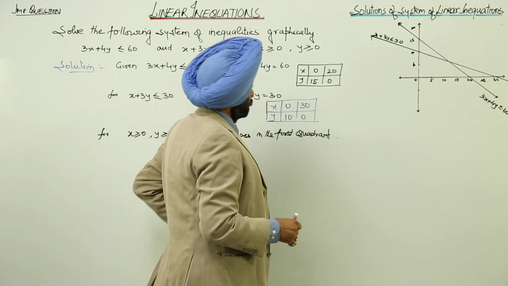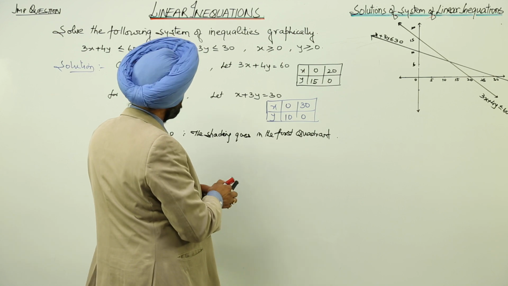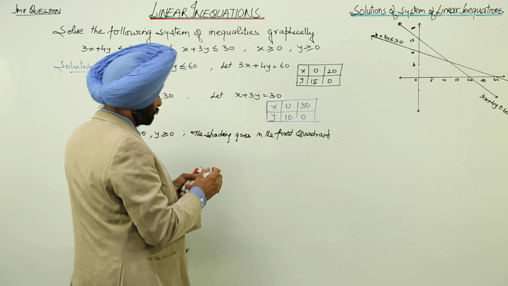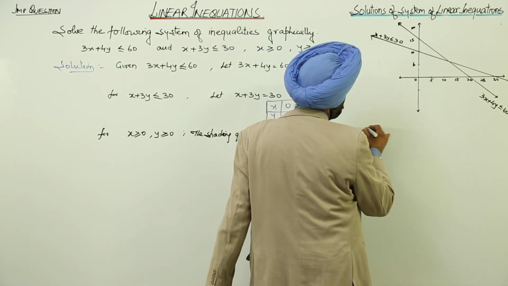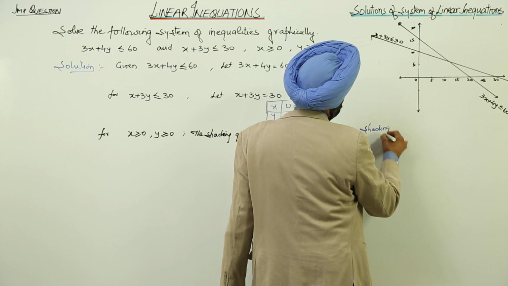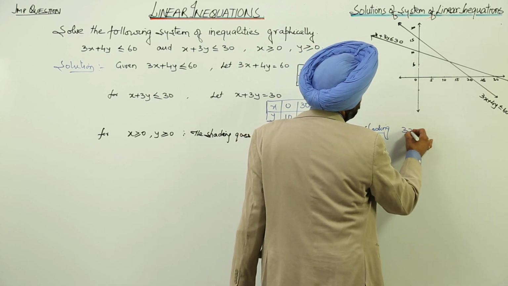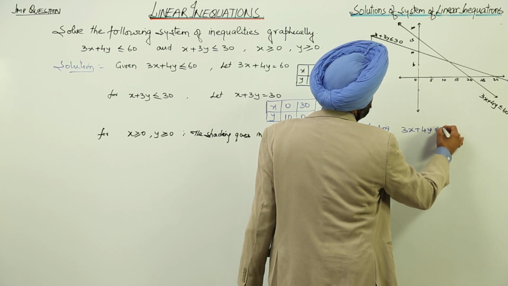Now shading part for the first inequality we are having, that is 3x plus 4y is less than or equal to 60.